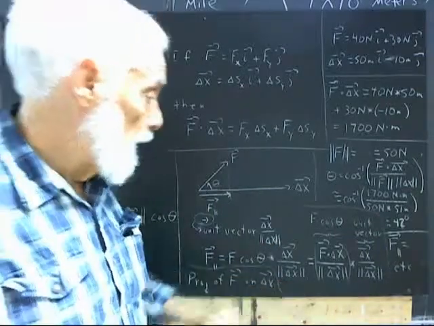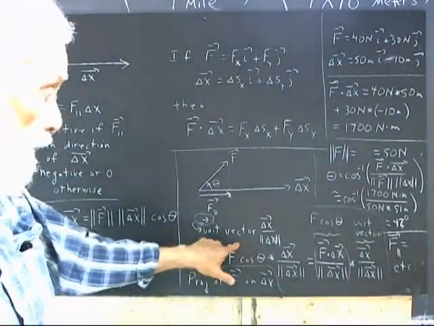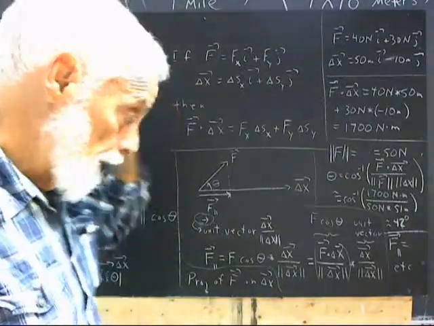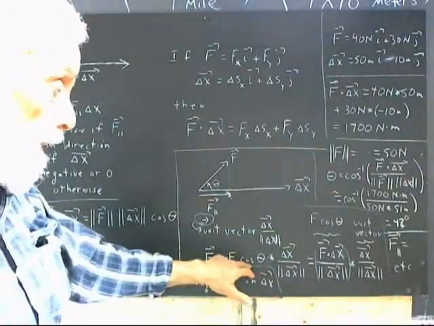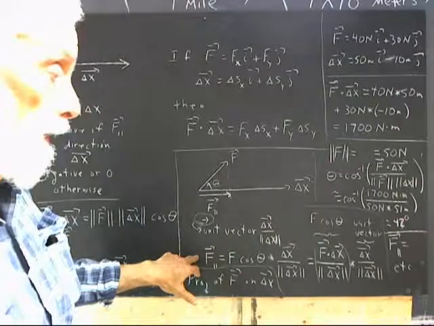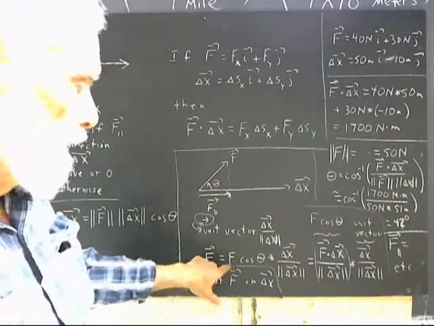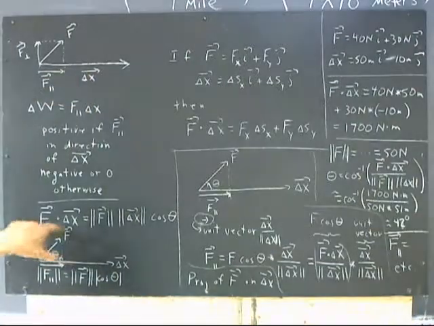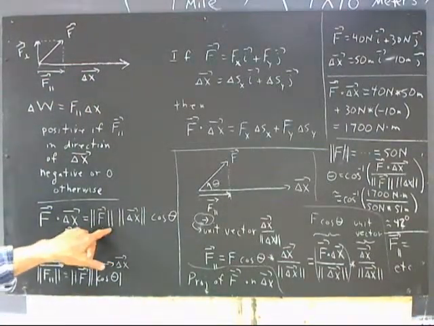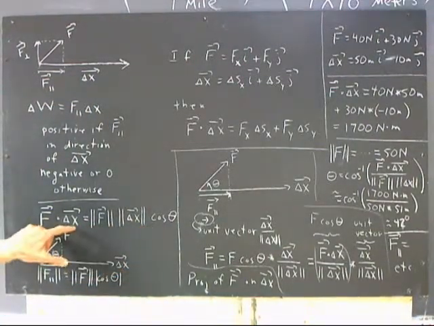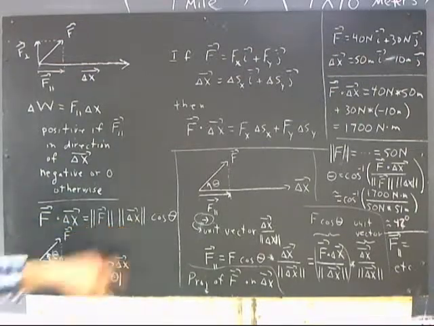The delta x over the magnitude of delta x is just the unit vector in the direction of delta x, which when multiplied by F cosine theta gives you this vector F parallel. Now from over here you can see very easily that F cosine theta is going to be F dot delta x divided by the magnitude of delta x.